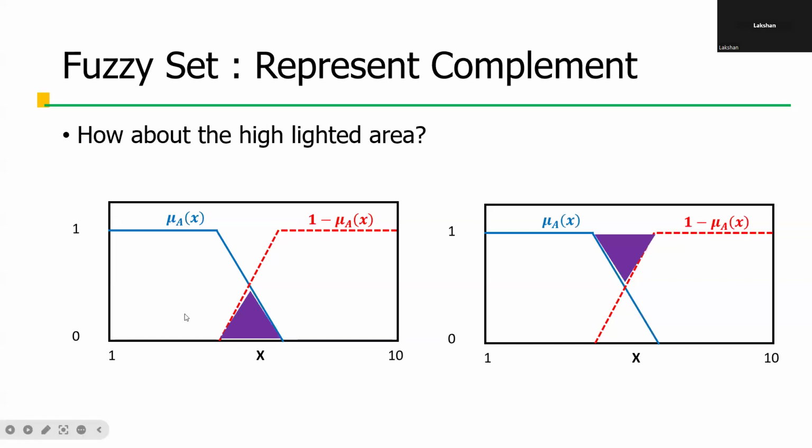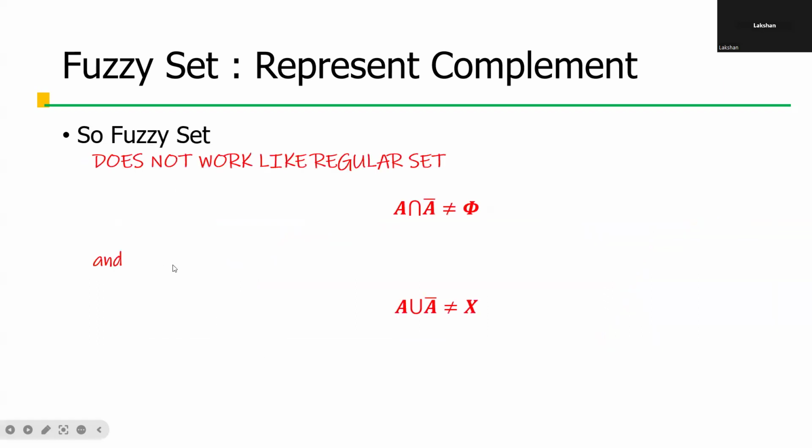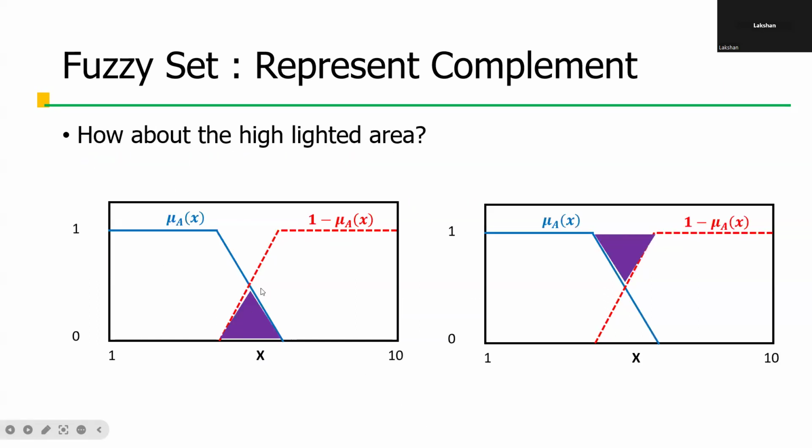So the problem in here is, if we consider this x value, these are the elements, it is inside the membership function of A, as well as inside the complement. So you can see in this triangle, the values within this triangle belong to both this membership function and the complement function.